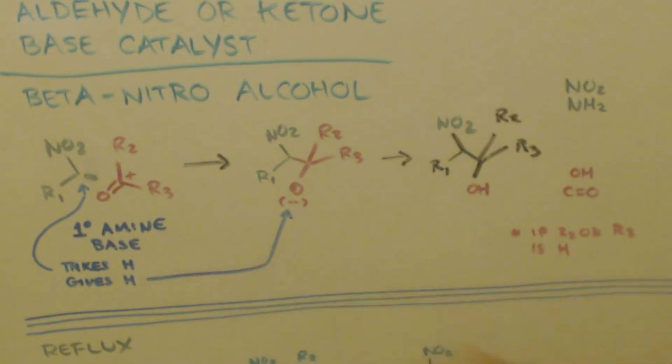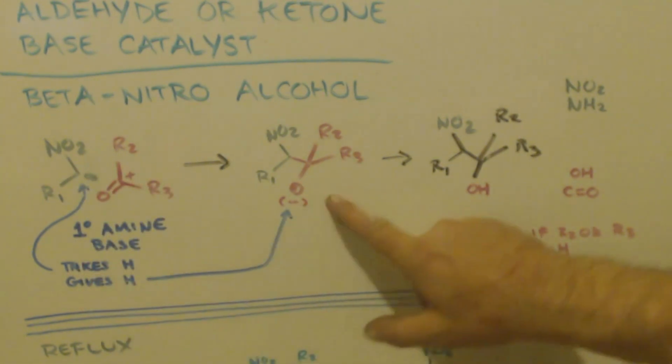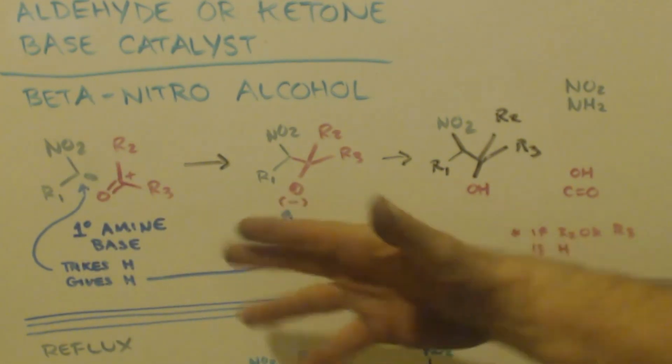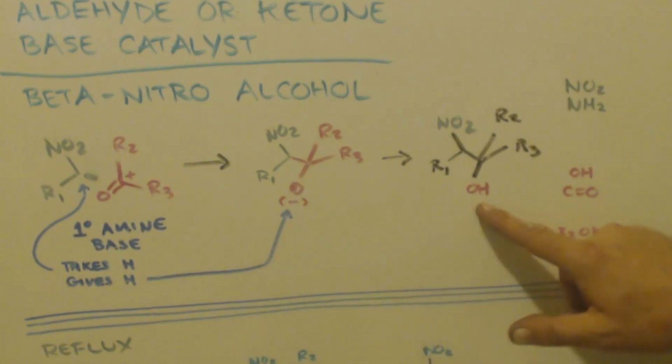And now, remember, this amine base is a catalyst. That means whatever it does, it does a reverse thing later on, so that like it gave up a hydrogen here, it gives a hydrogen here. So that it goes back to what it used to be and it can be reused again to take another hydrogen. When it does give a hydrogen, now you have this.